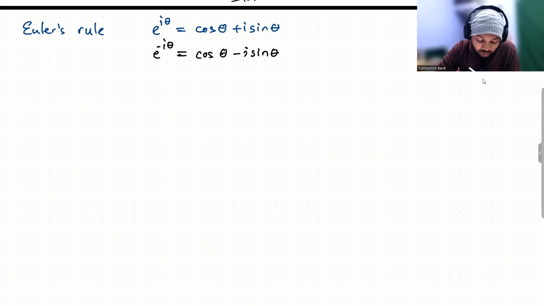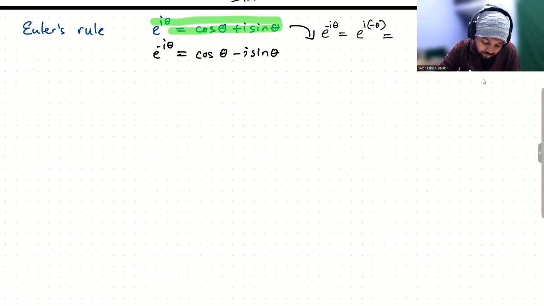And how can you check it? You can check it in the following way. If you start from this definition, e to the power minus i theta is nothing but e to the power i times minus theta. So in the first definition, I'll just put minus theta in place of theta.